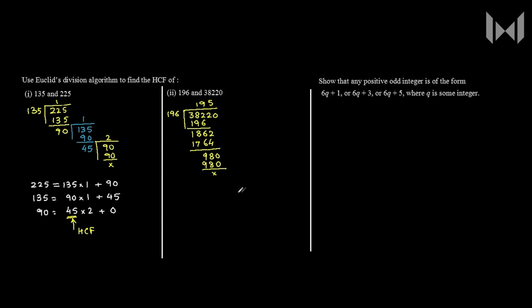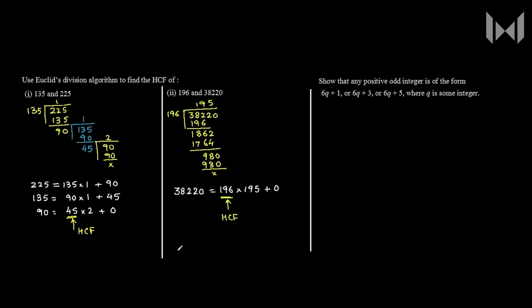So we are not left with any remainder. So over here we can write 38220 as 196 into 195 plus 0. Because the divisor was 196, 196 is the HCF.